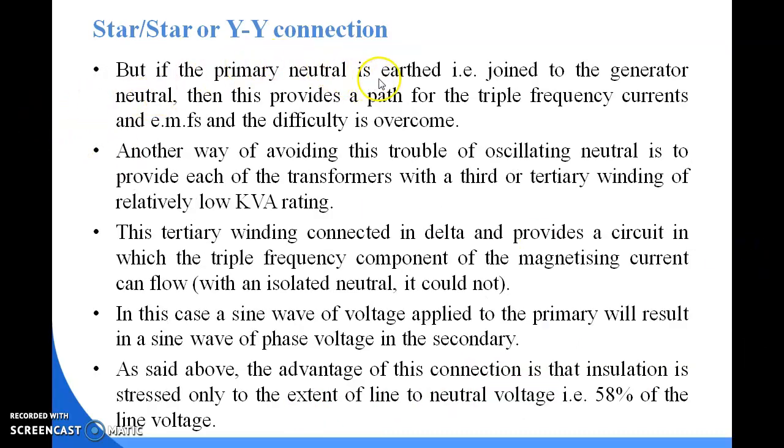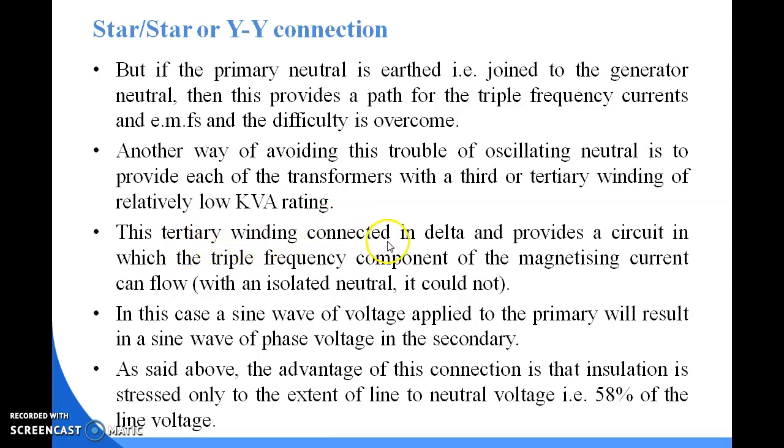But if the primary neutral is earthed, that is joined to the generator neutral, then this provides a path for the triple frequency currents and EMFs, and the difficulty is now overcome. Another way of avoiding this trouble of oscillating neutral is to provide each of the transformers with a third, tertiary winding of relatively low kVA rating.